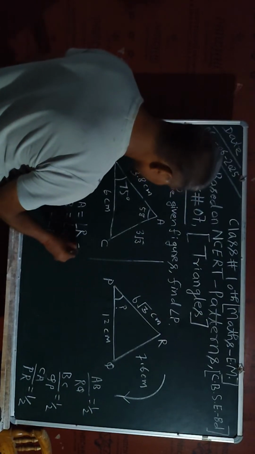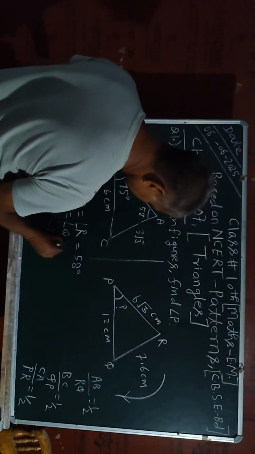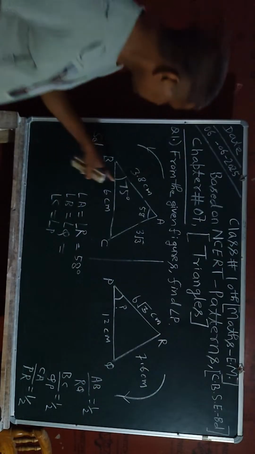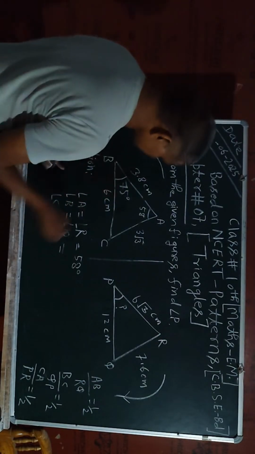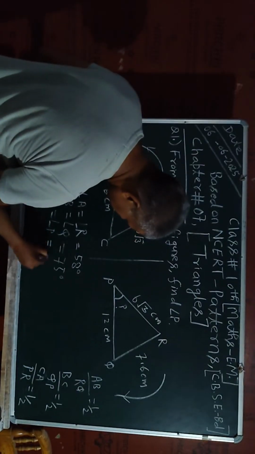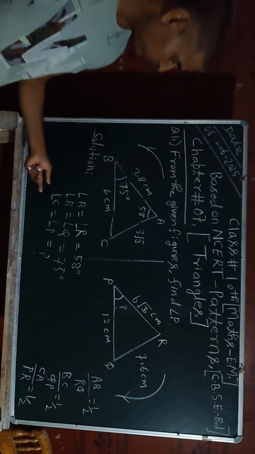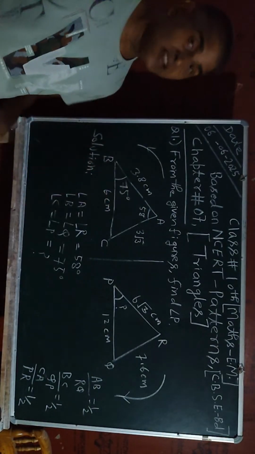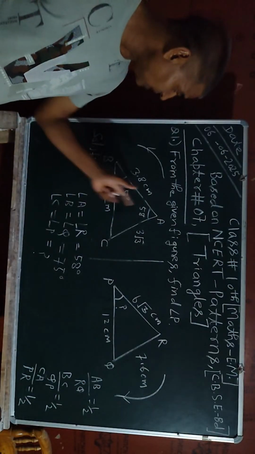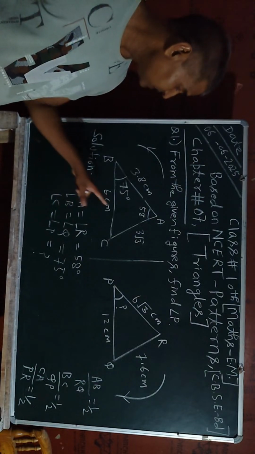So angle A is given here as 58 degrees. Sorry, angle B is 75 degrees. So here I will write 75 degrees. But angle C we have to find, because if any triangle is a triangle, the sum of all angles of a triangle is equal to 180 degrees.